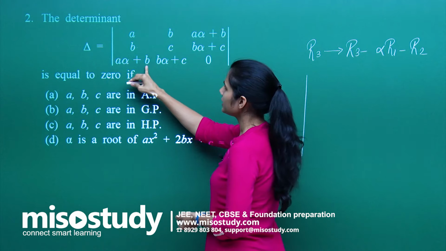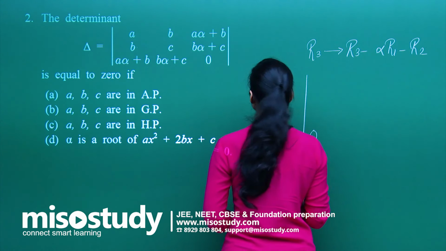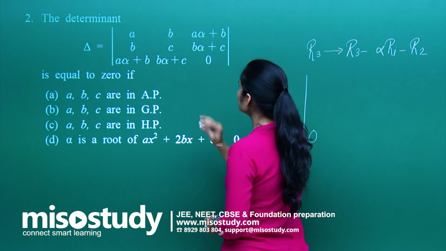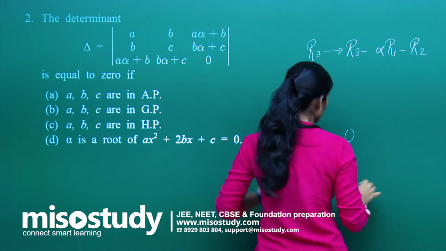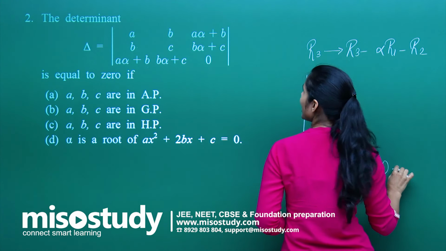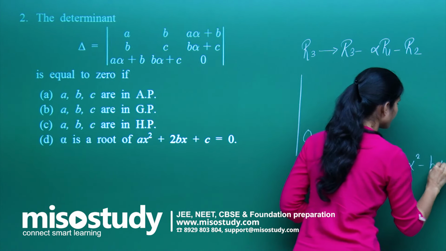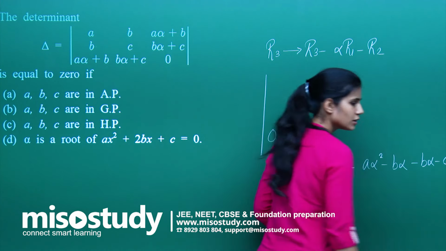A alpha plus B minus A alpha minus B, this gives you 0. Then you have B alpha plus C minus B alpha minus C, which again gives you 0. And here you have 0 minus alpha times A alpha plus B minus B alpha minus C. So what do you get?